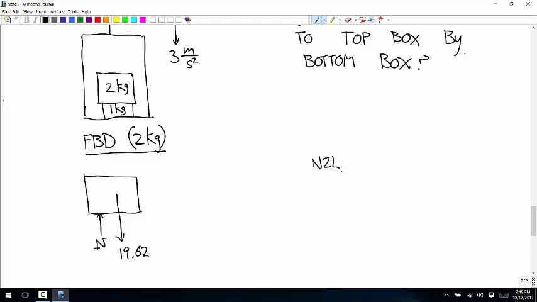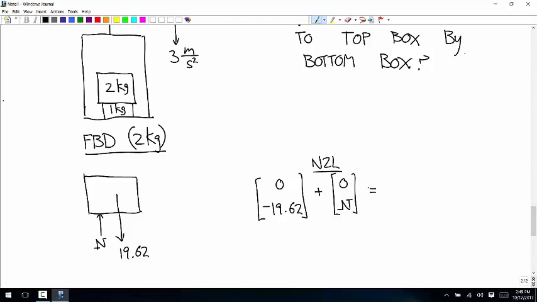And then Newton's second law, we have the weight force, 0, negative 19.62. And the normal force is in the positive y direction, so 0, N. And those are all the forces acting.